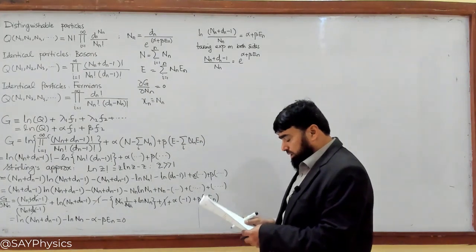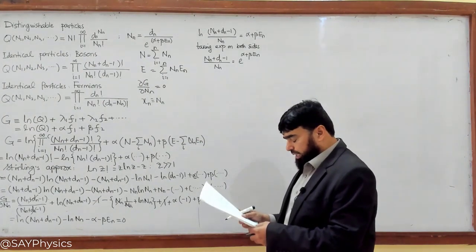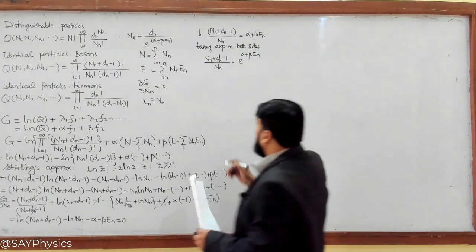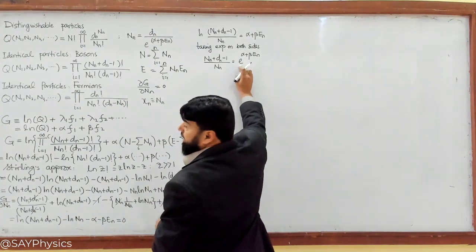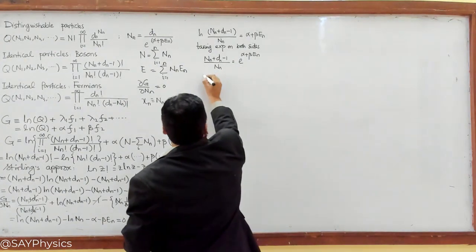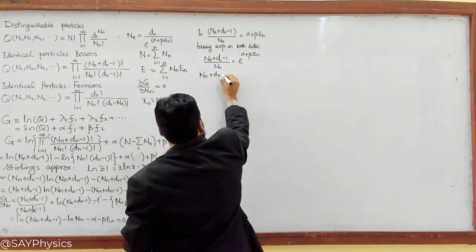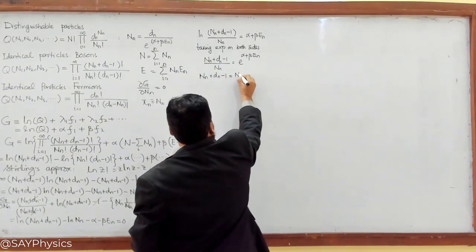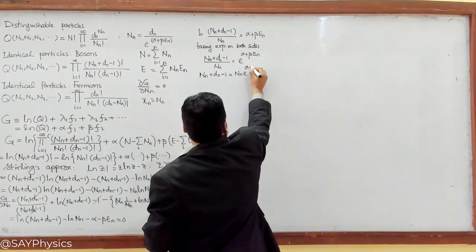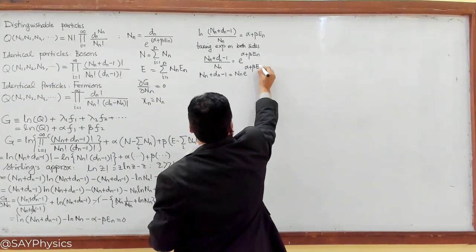This is the expression that we got, and now I can write this one. nn, if I multiply here, then nn plus dn minus 1 is equal to nn e to the power alpha plus beta en.